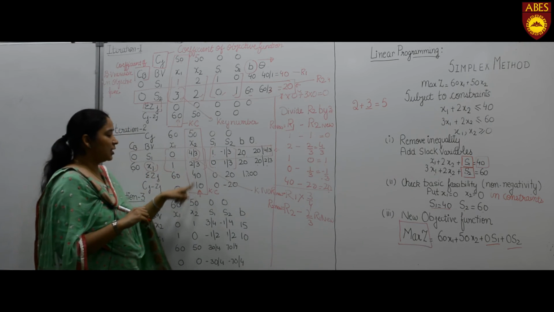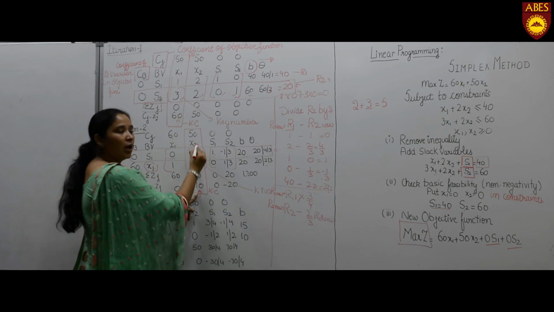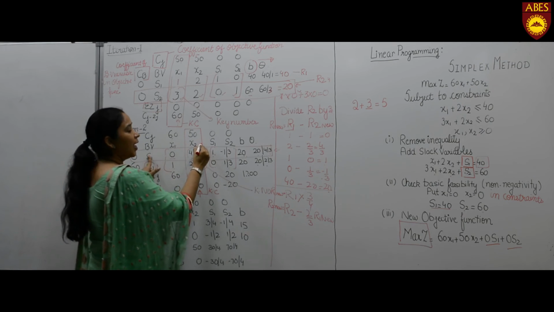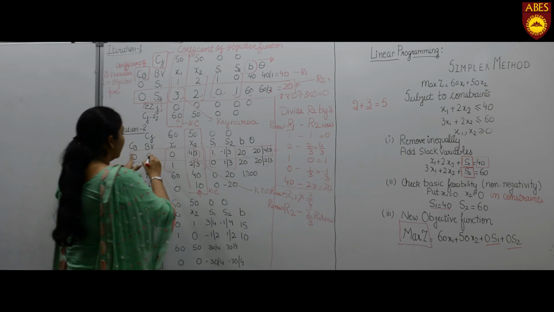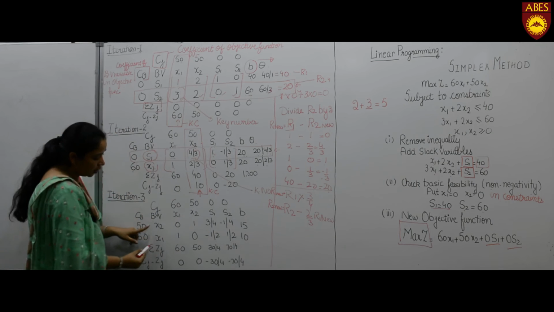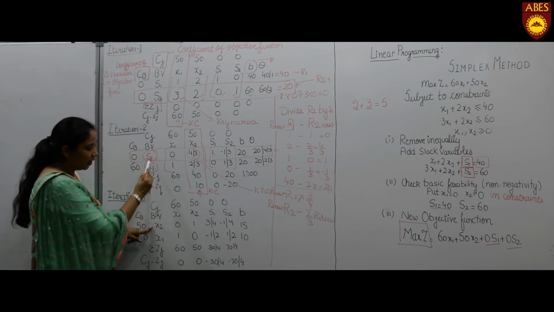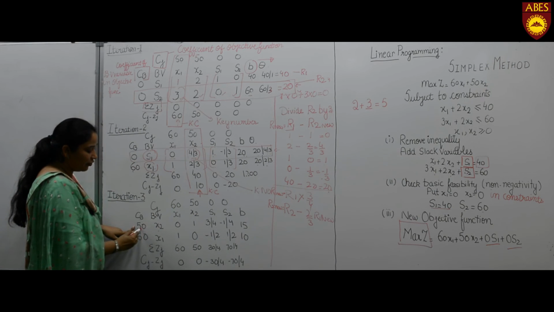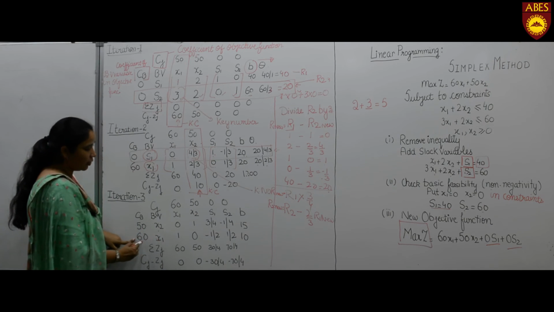Over here we can see that this column gives us the entering variable which is x2 and the row gives us our leaving variable which is s1. So now you can see that s1 is replaced by x2. x2 is equal to 50 and x1 is equal to 60.